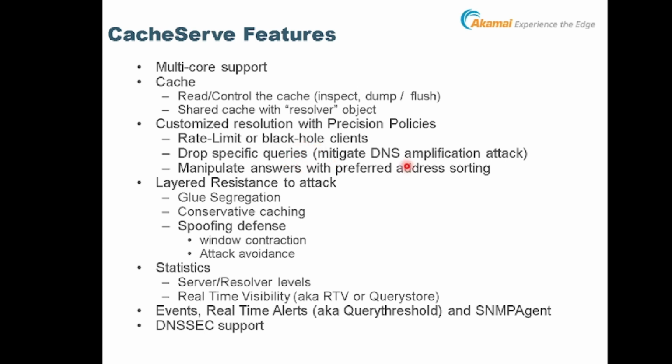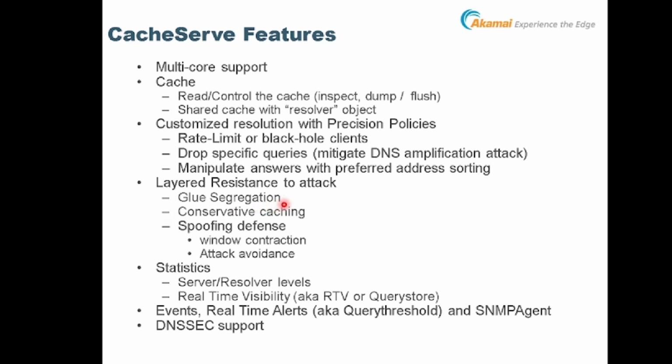I talked about amplification attacks against the DNS, and there are policies that will rearrange the addresses and suppress some addresses if you want. There are some policies that can do that. What we call the layered resistance to vulnerabilities in the DNS.